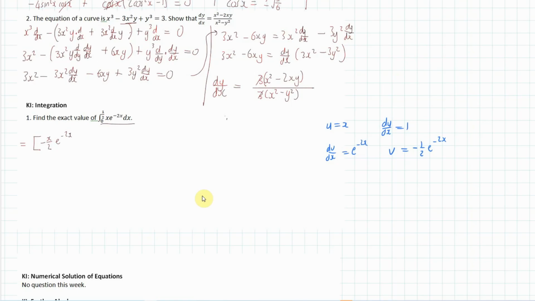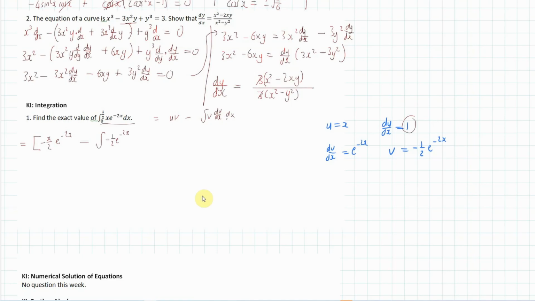Remember, this is equal to uv minus the integral of v du/dx. Okay, alright, so that's that bit, and then we're going to go minus. Now we need the integral of v. Now v is negative 1/2 e to the minus 2x, and u drops out completely because we've got this 1 here.